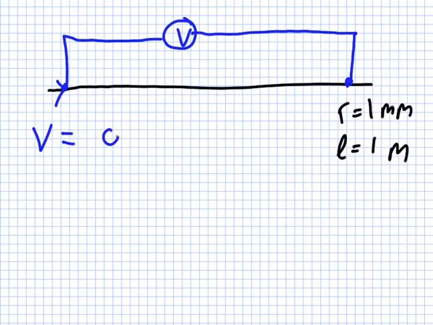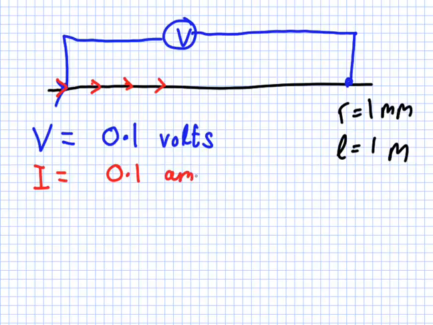Let's say it's 0.1 volts on the voltmeter, and there's a current going in here as well, quite small, 0.1 amps.